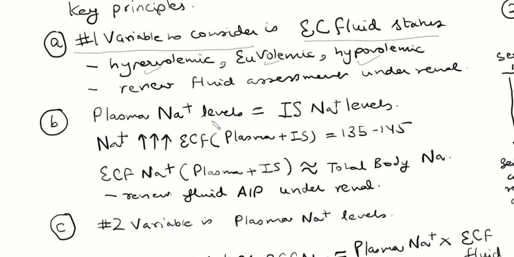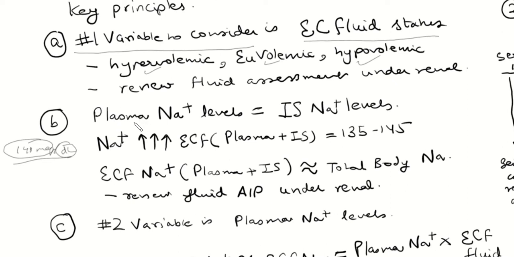In other words, you're going to draw blood and send it to the lab. The lab is going to say, this is the sodium concentration. They may say it's 140 milliequivalents per deciliter. So again, it's the amount of sodium that's there in a certain volume of your blood.